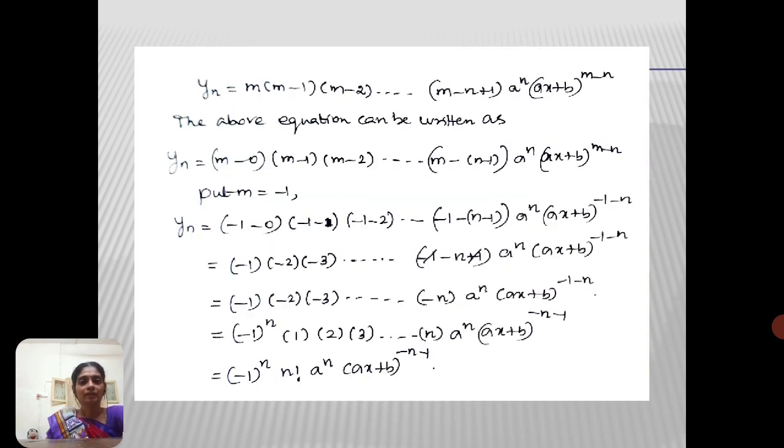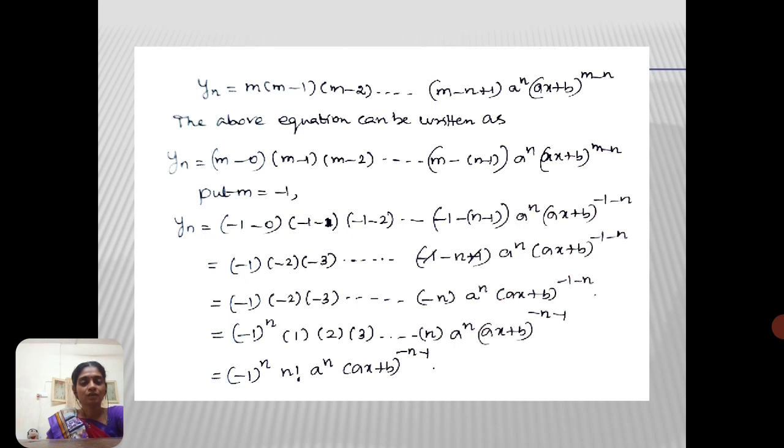Now we take the yn as m into m minus 1 etc. m minus n plus 1 into a power n into ax plus b power m minus n. Here we put m equal to minus 1. Then we arrive yn equal to minus 1, minus 2, minus 3, etc. minus n, a power n into ax plus b power minus 1 minus n.